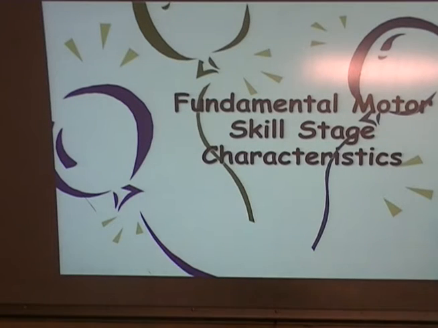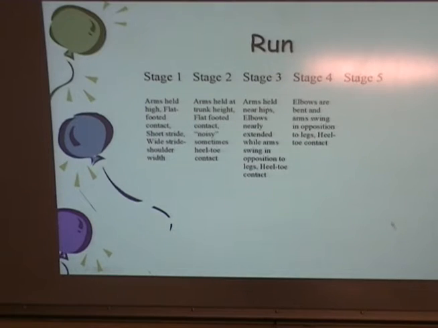Right, so we're going to take a look at some of them. I'm not going to cover all of the ones that are on the MSU chart. Once I show you how to use it, you'll see how they all work. So we'll start with running.